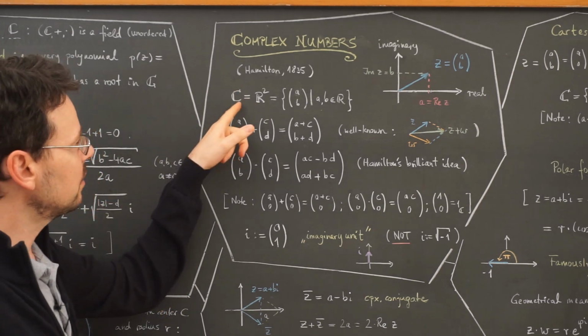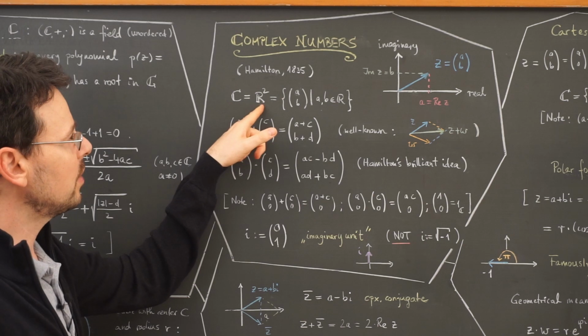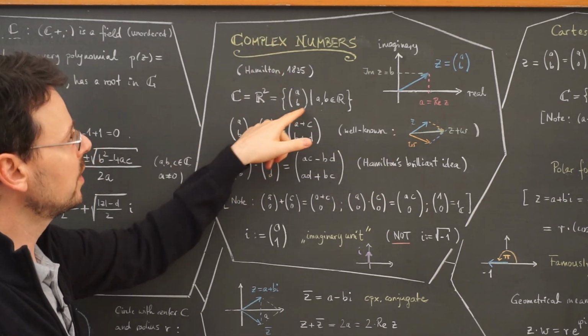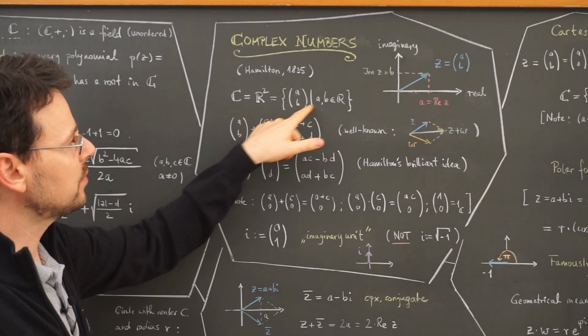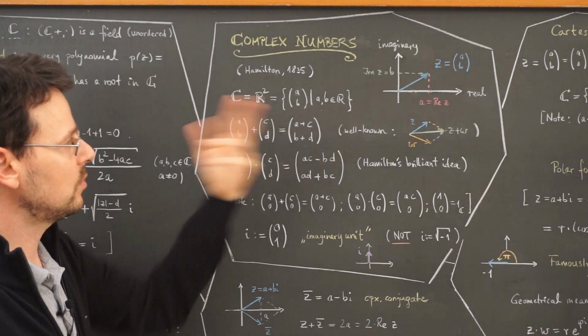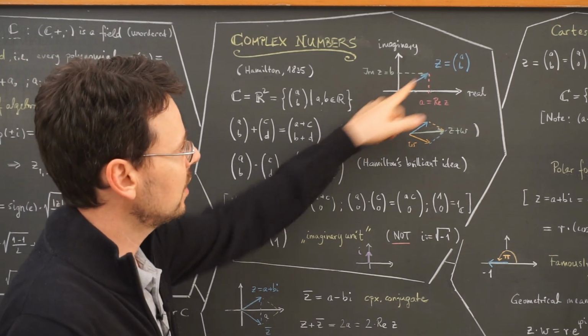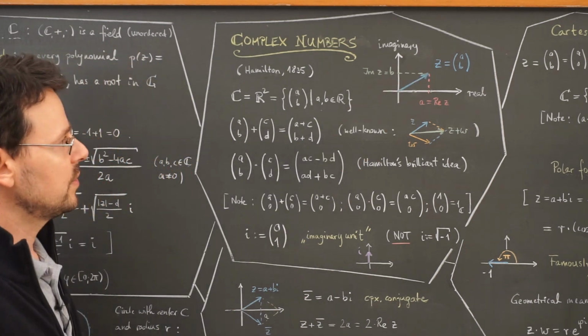So, as a set, the complex numbers are nothing but the known Euclidean plane in 2 dimensions, R2. So, the set of all vectors with real entries, 2-dimensional vectors, which I can visualize as little arrows.